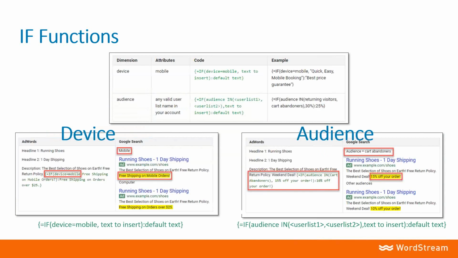Here's just a further breakdown of how they work. If we take a peek at this chart at the top, if we're using the device if functions, all you have to do is specify the device, whether mobile or computer, within the snippet of code. The great part is that if you just open up the bracket, it will give you a few options.